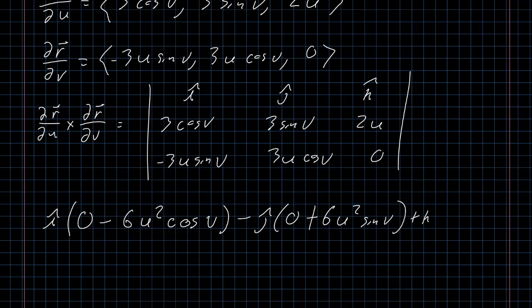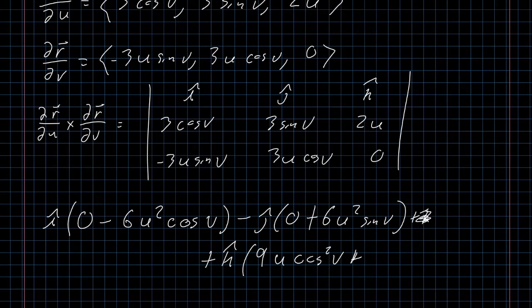And then in the k direction, I don't quite have enough space here, so let's go to a new line. I'll have 3 cosine v times 3u cosine v, which is 9u cosine squared v. Then minus, we have a negative 3u sine v times 3u cosine v.